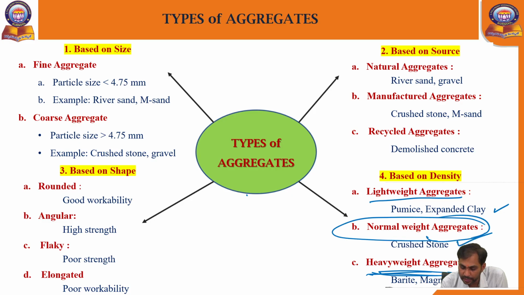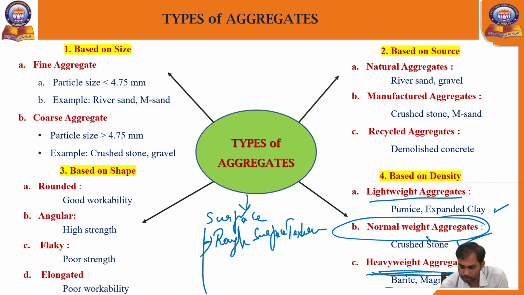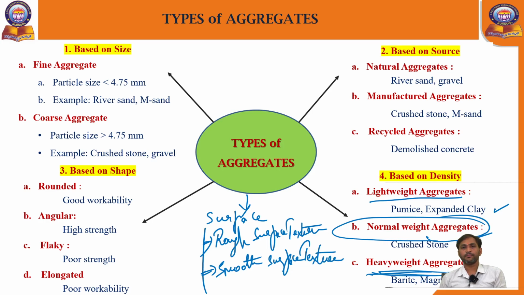Okay, and the last one, the type of aggregate classified based on surface texture. In surface texture, there are two types: rough surface texture and smooth surface texture. Just see whether the aggregate surface is smooth or rough.